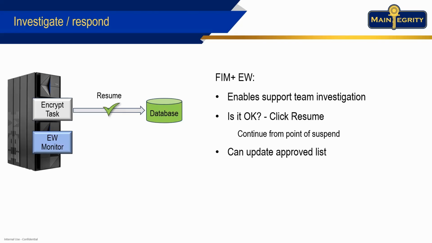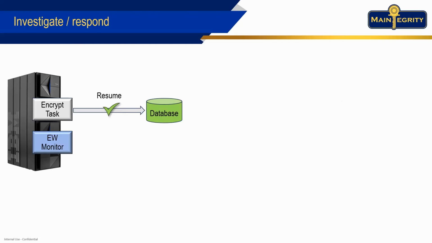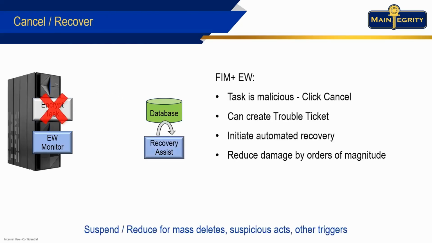Or the other option, 2 more clicks, Gary, is I can click the cancel button and it'll create a trouble ticket automatically for you. It will put you into the recovery process, but that encryption job is canceled and out of your system, so it cannot do more damage.